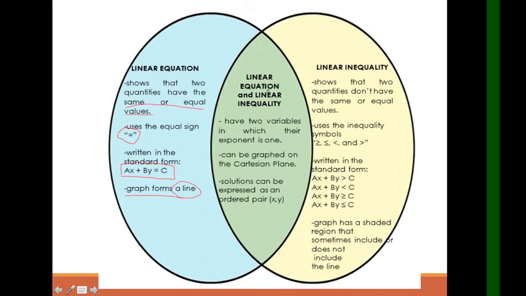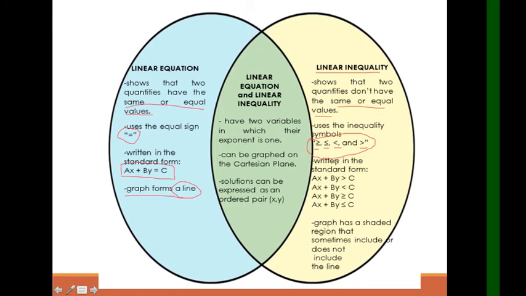Linear equation and linear inequality. On the other hand, pag sinabing linear inequality, this shows two quantities don't have the same or equal values. It's either yung kanyang values ay greater than, less than, less than or equal, or greater than or equal. So I already presented these symbols in our previous video about the illustration of linear inequality in two variables.